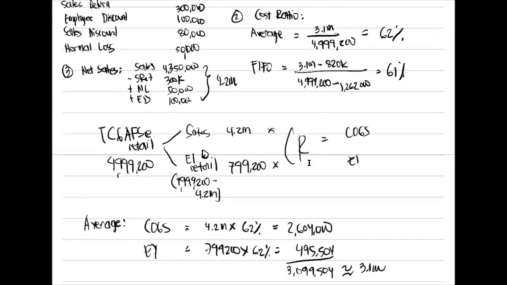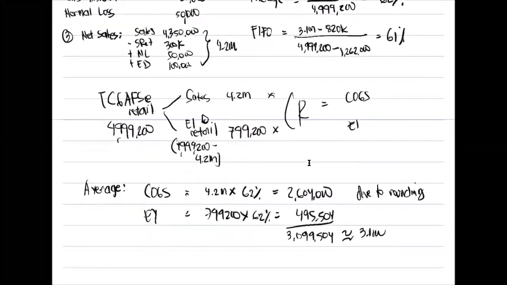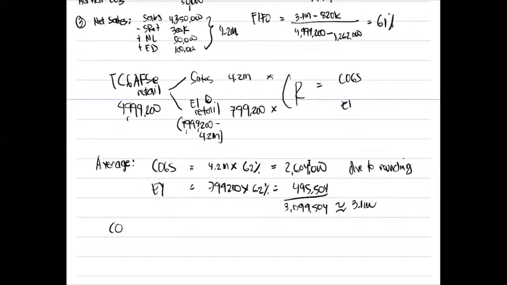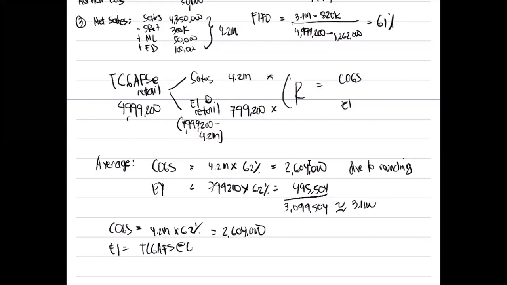So, sir, bakit hindi siya nag-equal? That is due to rounding. Or kung gusto niyo naman, pwedeng ang gawin niyo is, another way on how to compute for your cost of goods sold. So, cost of goods sold is equal to 4.2 million times 62%. Tama? So, 2,604. Kung gusto niyo na saktong-sakto siya, yung ending inventory nyo, ang pag-compute nyo naman is equal to your total cost of goods available for sale at cost less cost of goods sold.